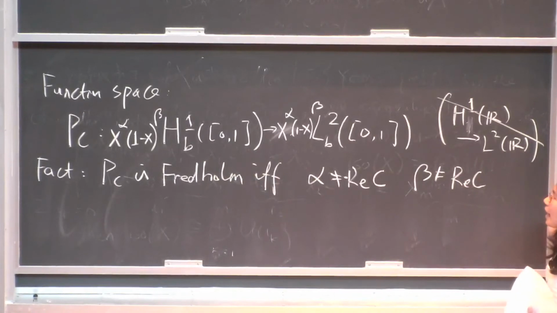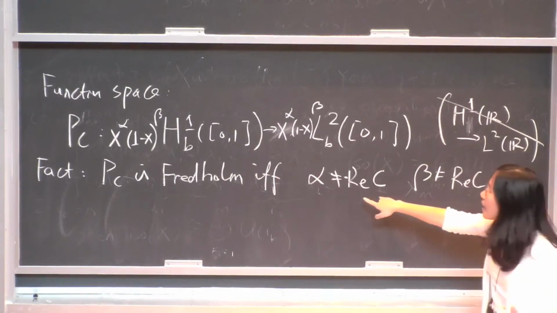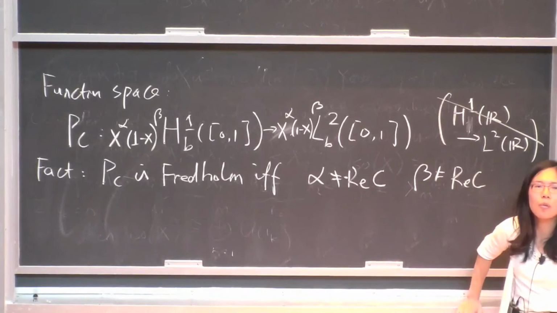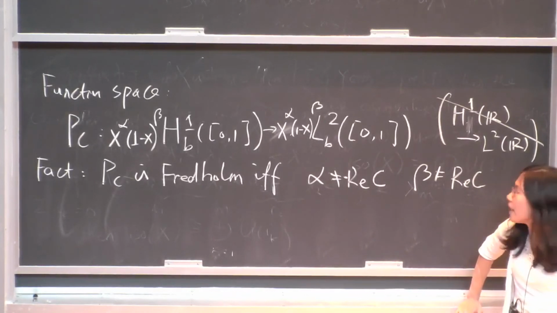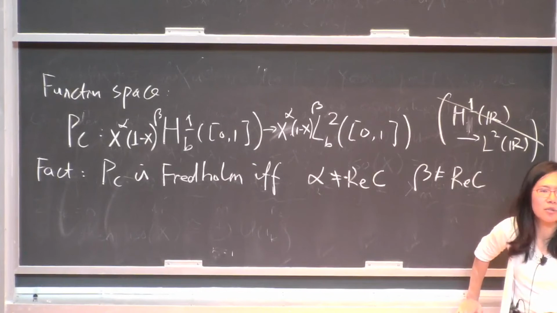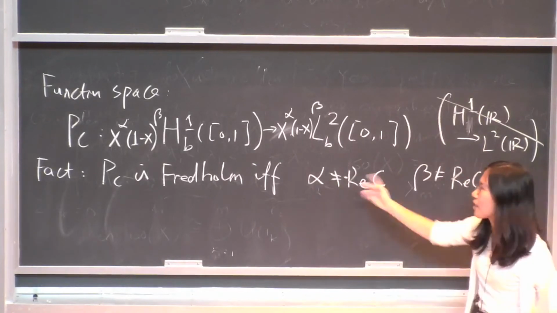The danger is that if this is the case, then you have something that's almost in the kernel, but not, and that's bad, because it means you have some non-closed range. But if you exclude those cases, it's just Fredholm.